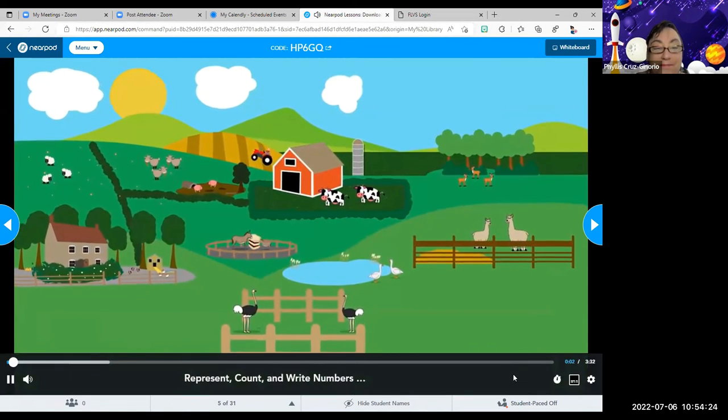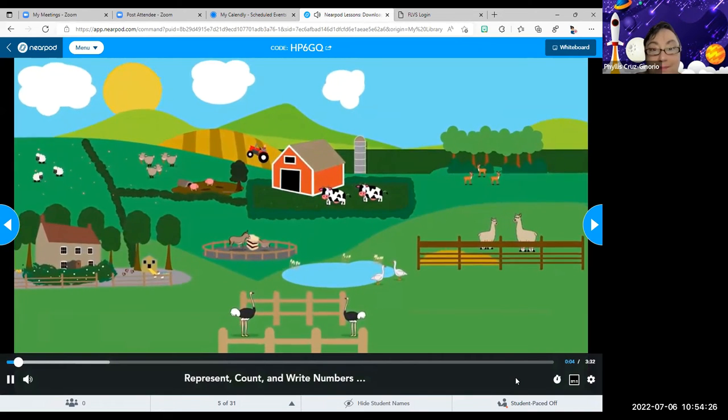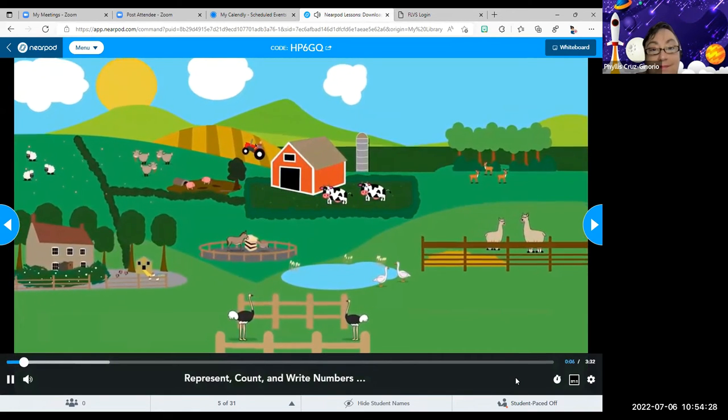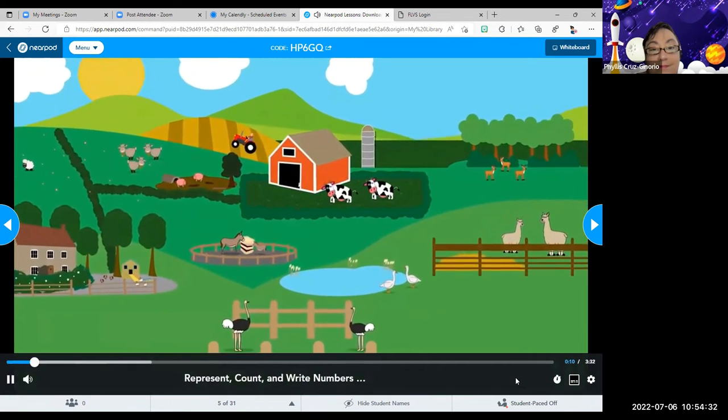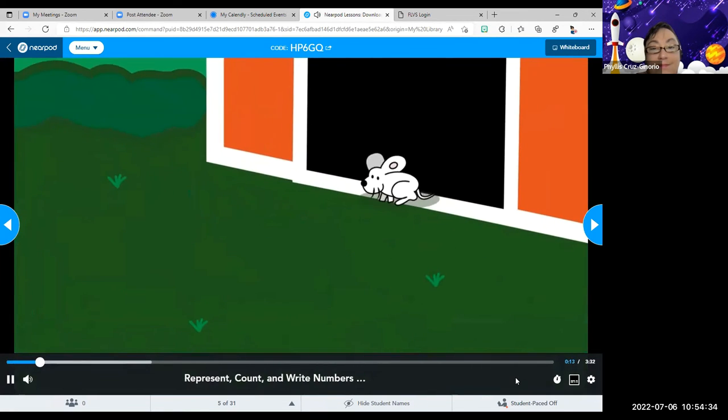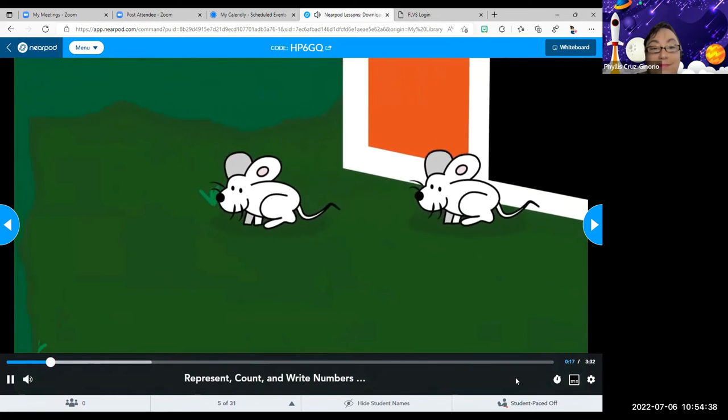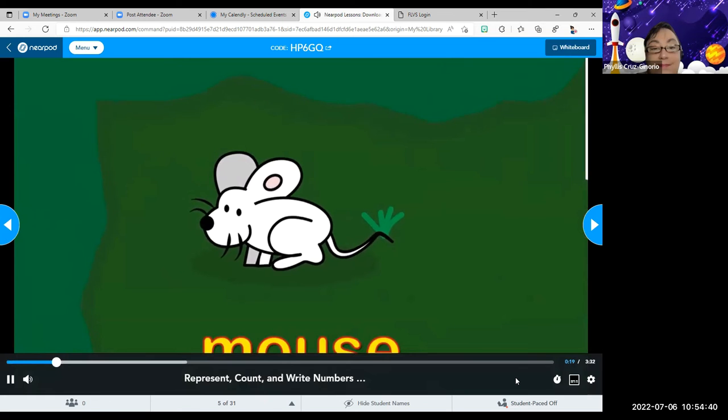Welcome back to Number Farm. There's some new animals here and the farm has grown. Shall we meet the new arrivals? Look, there's 2 mice chasing each other. Hello, Tiny Mouse.